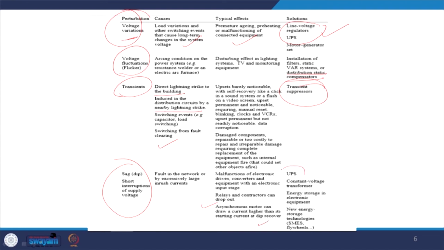Here also you require uninterrupted power supply, constant voltage transformer, energy storage in electronic equipment. It may be an ultracapacitor, or a new energy storage system such as SMES and the flywheel can be the solution for the intermediate sag control.